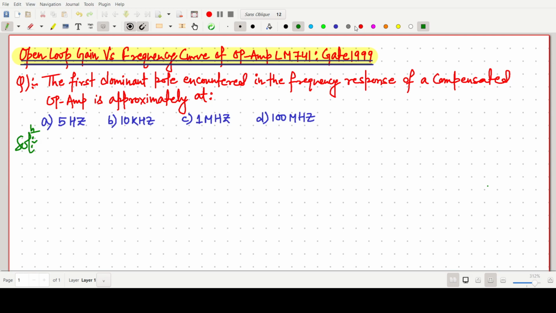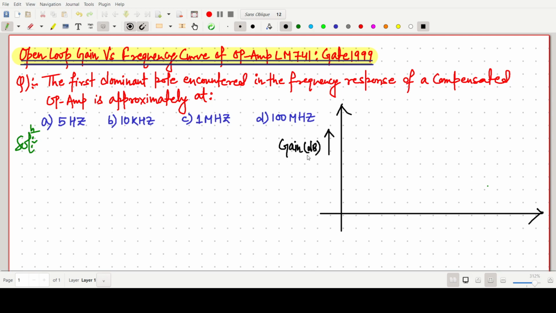So first I am drawing the very basic open loop gain curve: gain in dB in the y-axis, and in the x-axis frequency in hertz.